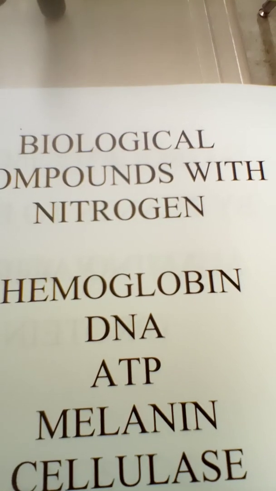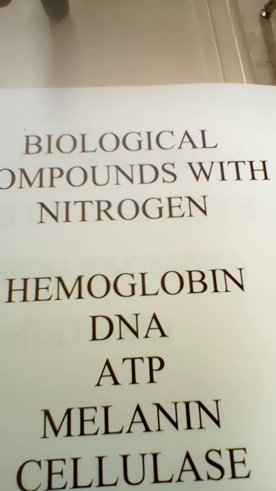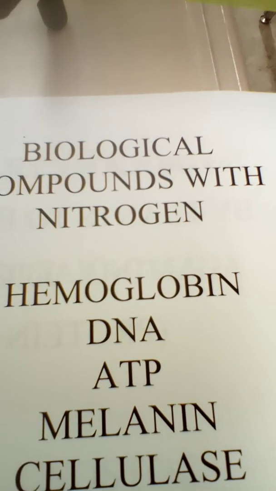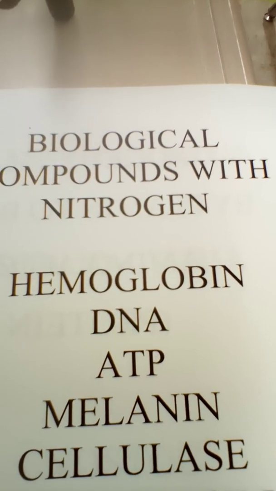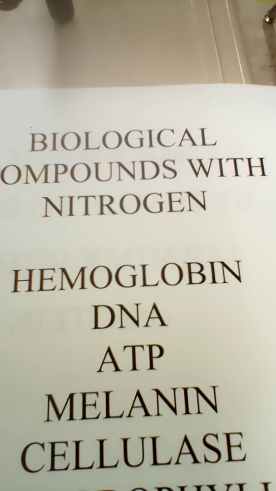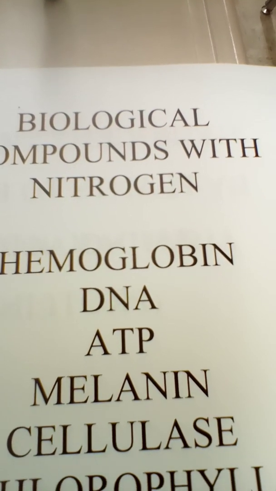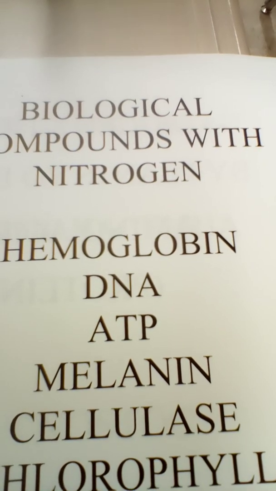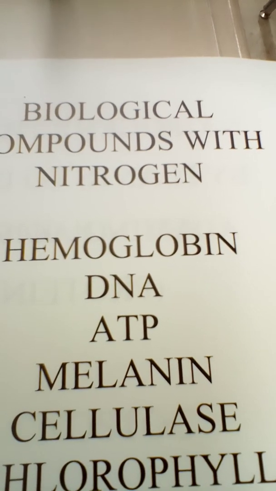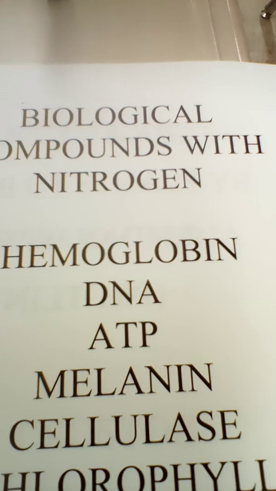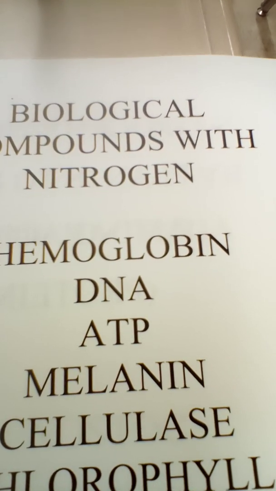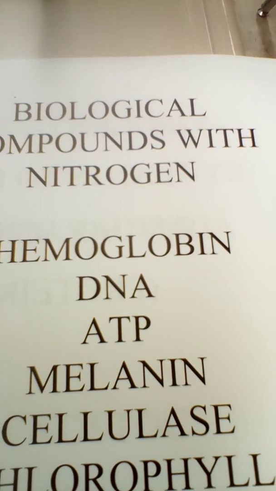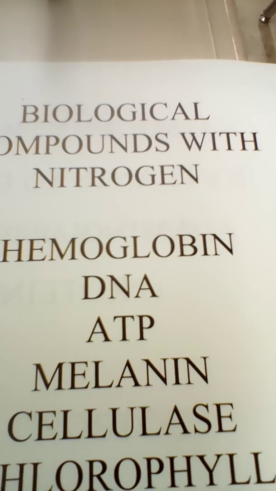DNA is a nucleic acid, known as deoxyribonucleic acid. It's the blueprints of life. It also contains nitrogen. ATP is your energy transfer compound, known as adenosine triphosphate, another nitrogen-containing compound. Real important. It delivers that energy to the cells.